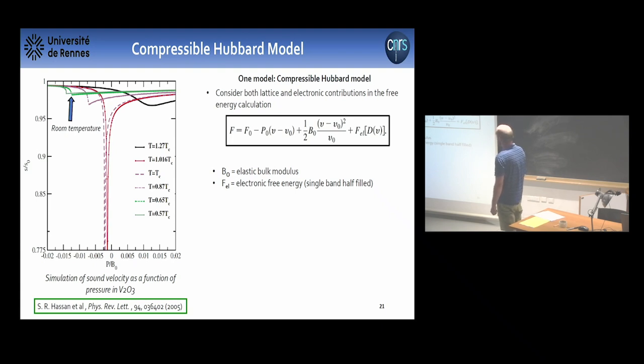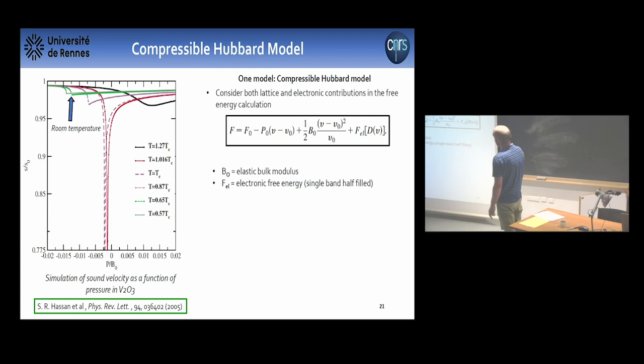So the idea is the following: you compute the free energy of the system considering the electronic contribution, which is a half-filled band in the Mott-Hubbard classical fashion. And then you do this development around a reference volume, V0, which embeds the pressure and the elastic bulk modulus.